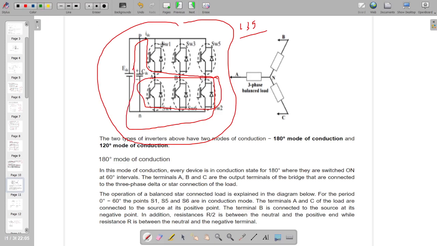In the second case, S3 and S4 will connect. In the third phase, S5 and S6 will connect like this, to the supply.